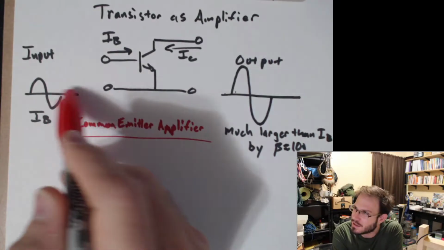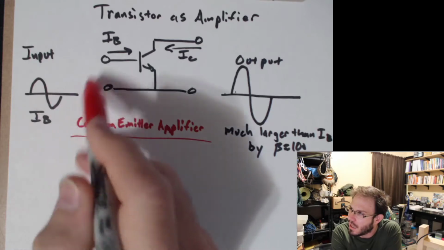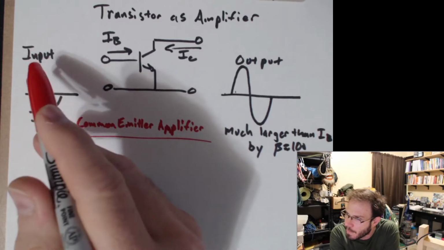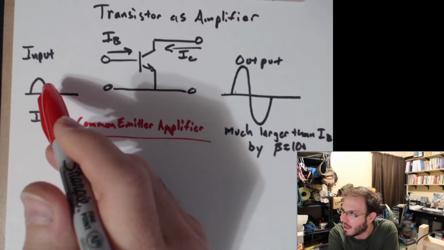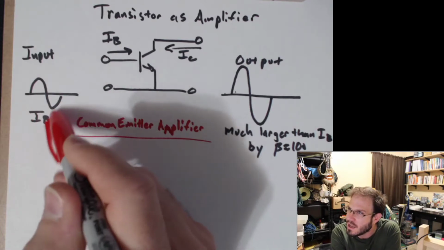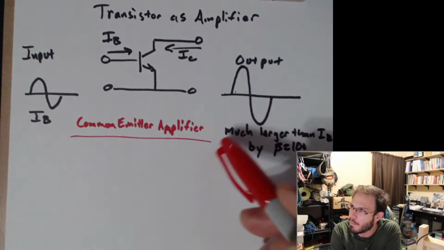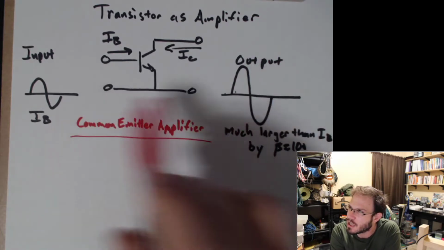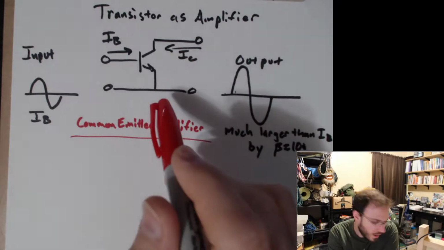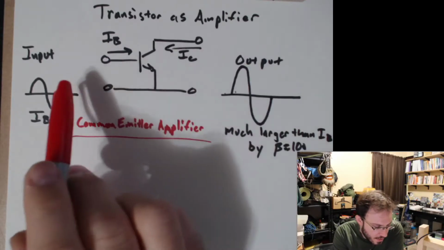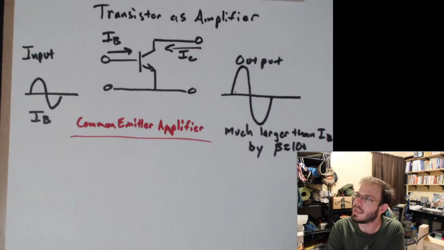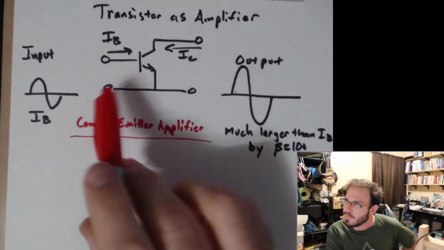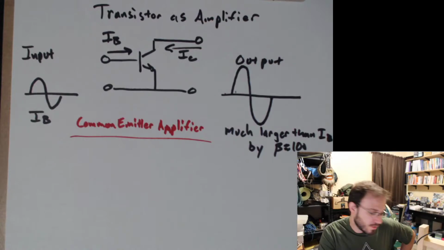So if you think about a small signal sensor, something like a temperature sensor, something like a sound input, it's usually the voltage that we want to make much larger, not just current. So we're going to need to convert our voltages to currents in order to get our input and output to be in terms of voltages.